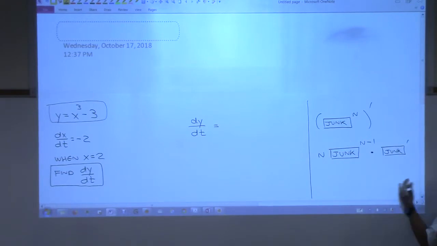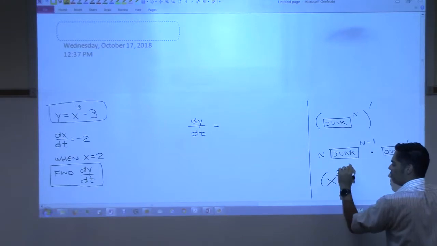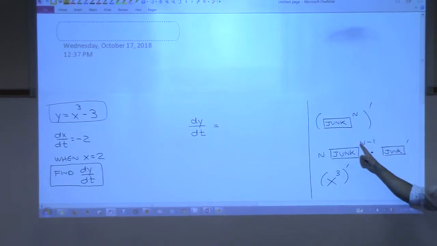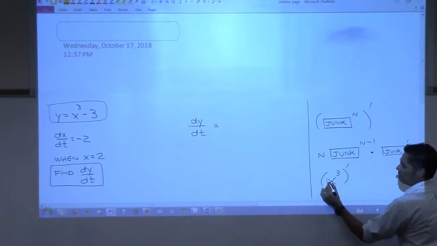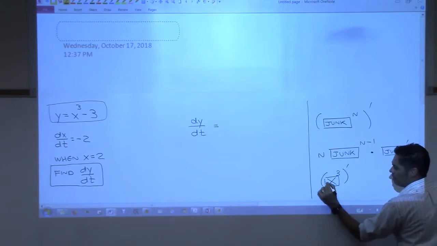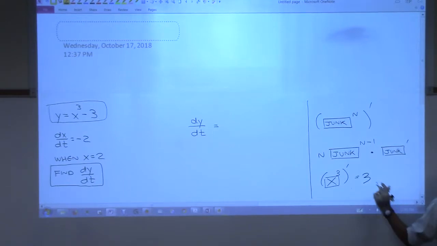When in the past we've taken the derivative of x cubed, we've always said that's just 3x squared, right? But let's use this rule right here. What is the junk in this problem? The x, right? That's our junk. So according to this rule, we're going to have a 3, then the x, which is the junk, to what power?